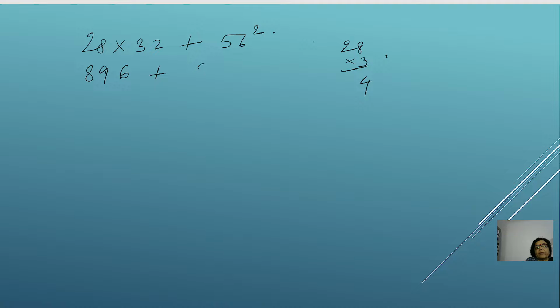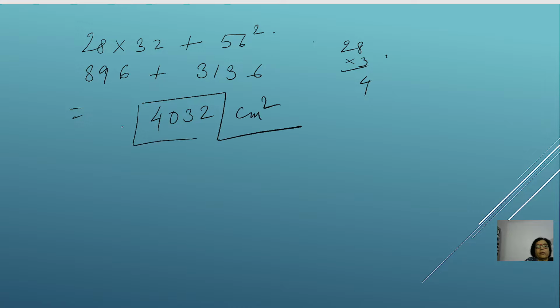Plus 56 square is 3136. So if we add these two, we get 12, and 9, 10, 11, 12, 13, carry over 1, 8, 9, 10, and 4032 square centimeter is the total area of the entire garden.